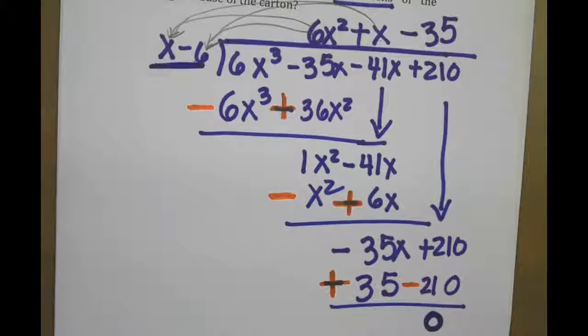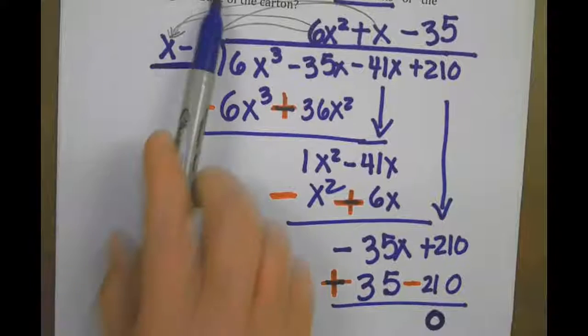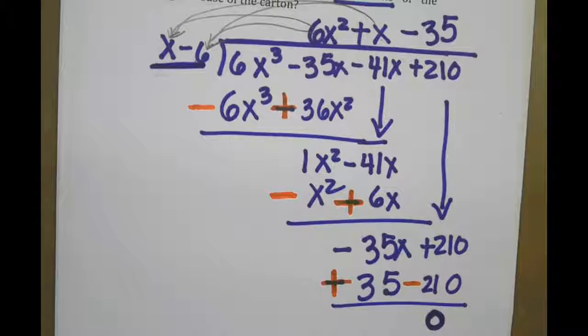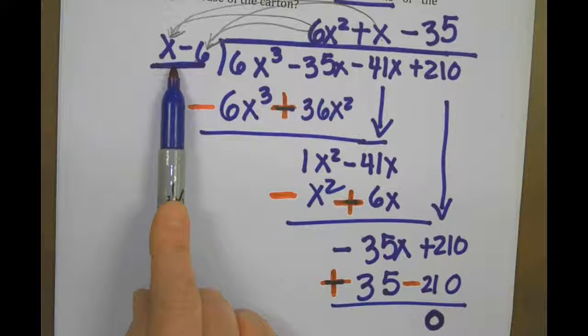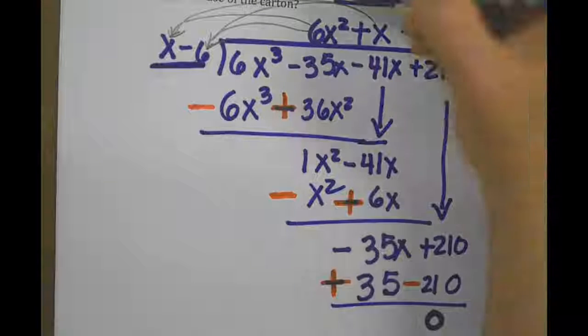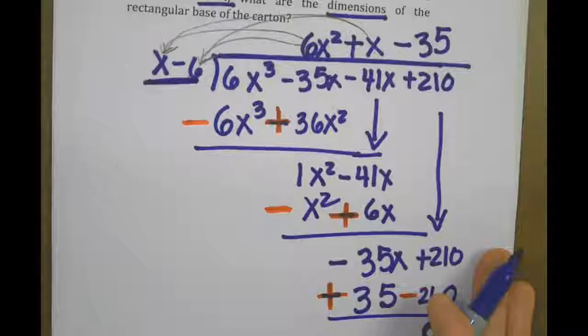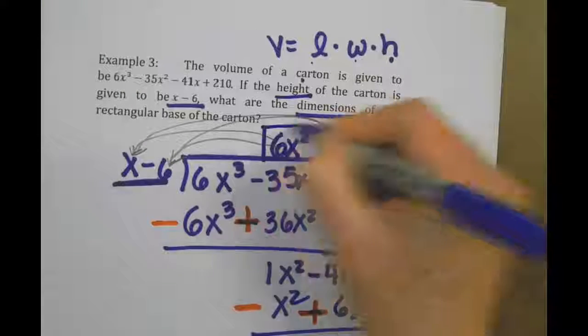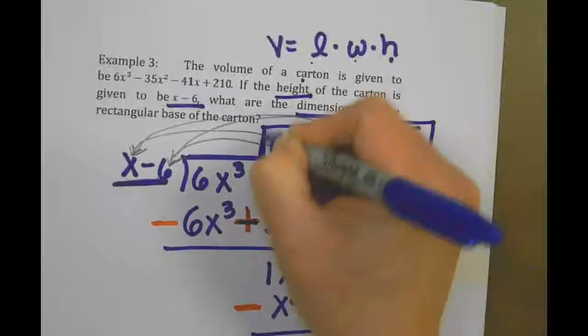Well, I know it is a factor because if it's a height, it has to be a factor because you get the volume by length times width times height. Now, this asks for the dimensions. This is the length. No, sorry, it was the height. It's the height.